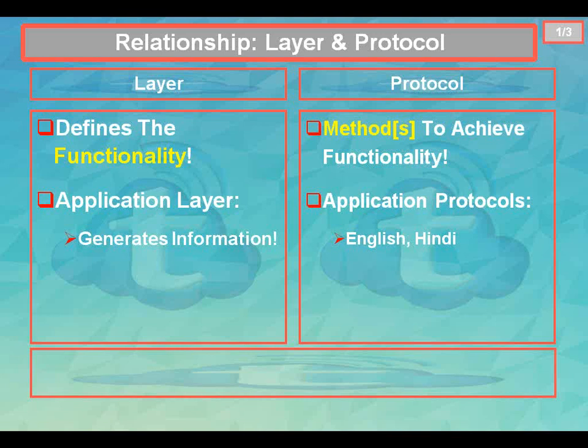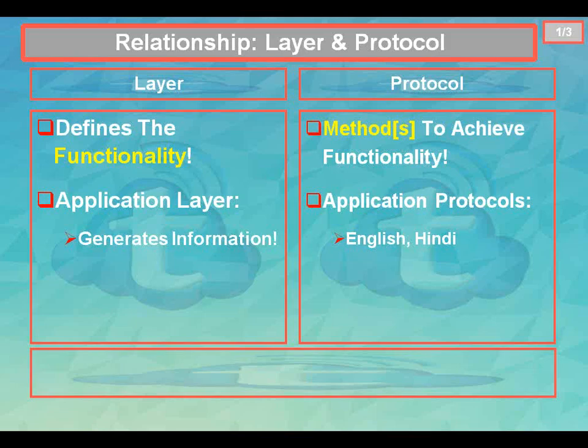You see? How many protocols can be there in application level? Many. Each language is a protocol. Hindi, English, Italian, German. You see? Each language is a different protocol. If I suddenly started speaking in German or Mandarin, you will listen to me definitely because your ears are working.